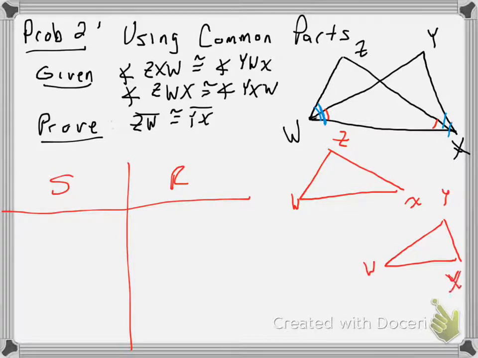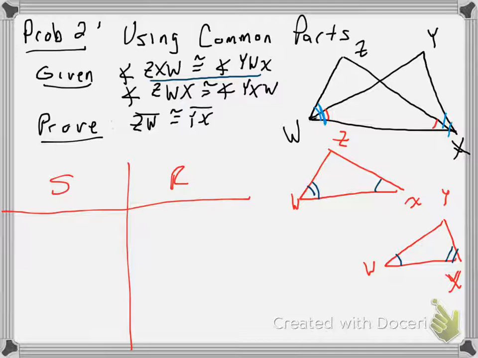It sometimes helps to put this proof into perspective. It says angle ZXW, which is right here, is congruent to YWX, which is right here. Then it tells me ZWX, which is right here, is congruent to YXW. That's YWX, that's YXW. So we have our two angles congruent.